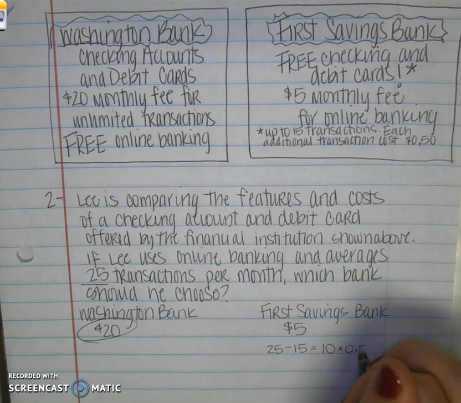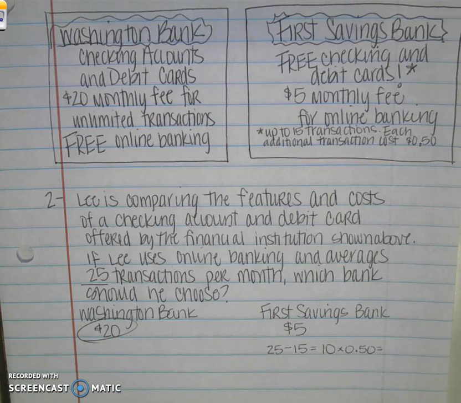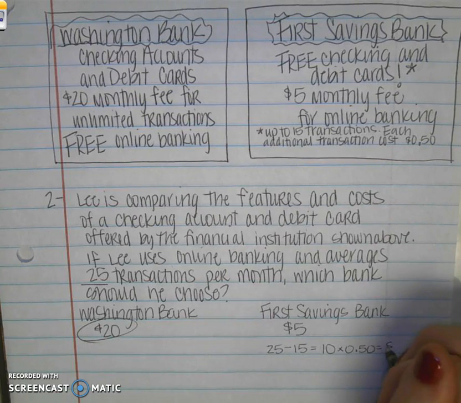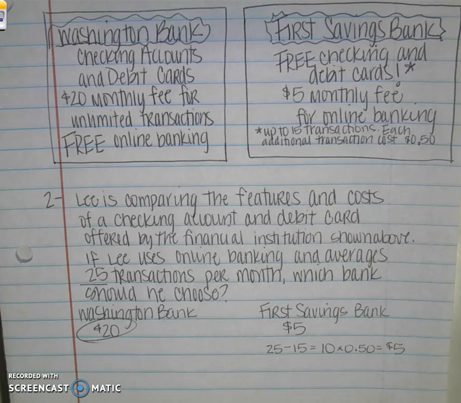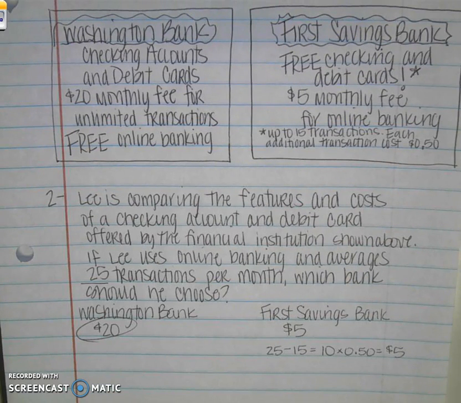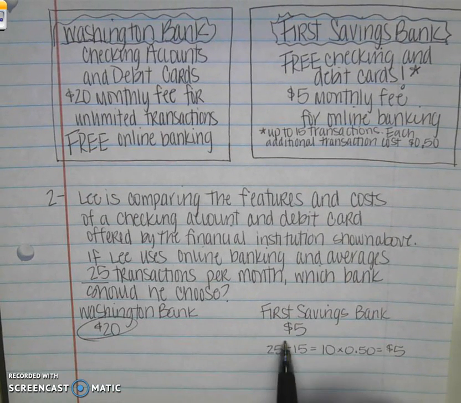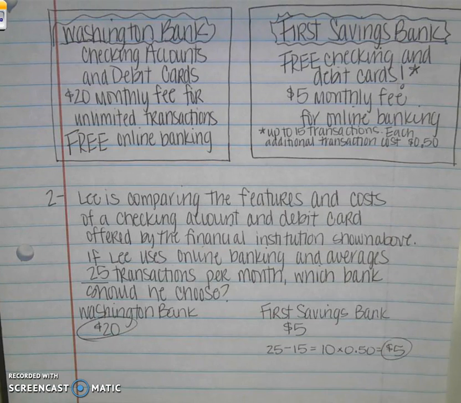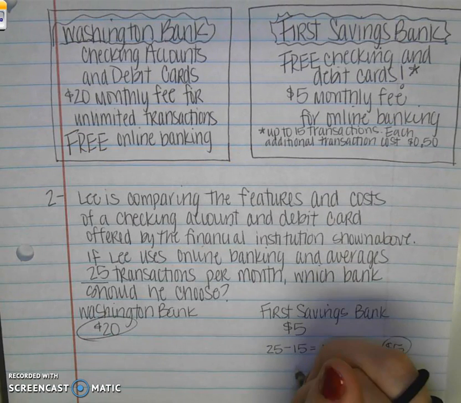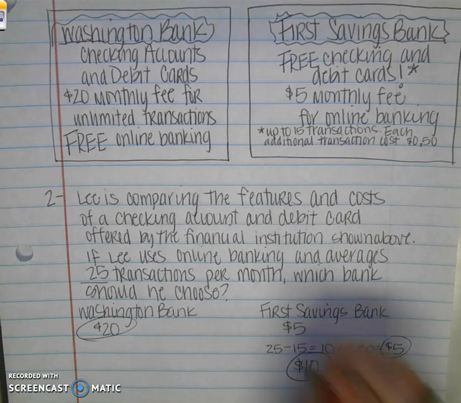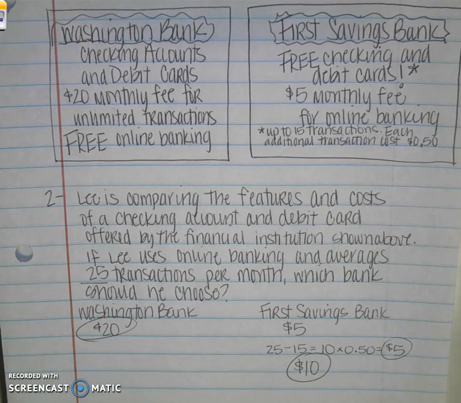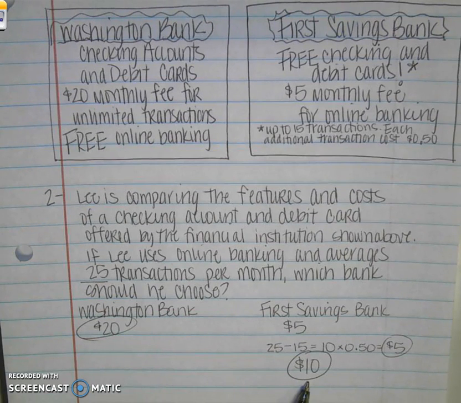So I'm going to pay $5 additionally for my transactions. So if he pays $5 for online banking and $5 for the extra transaction fees, that means at First Savings Bank, Lee is going to spend $10. So of the two banks, I would say that Lee should probably pick First Savings Bank. That's how we can compare two banks and decide which one's best based off of Lee's needs.